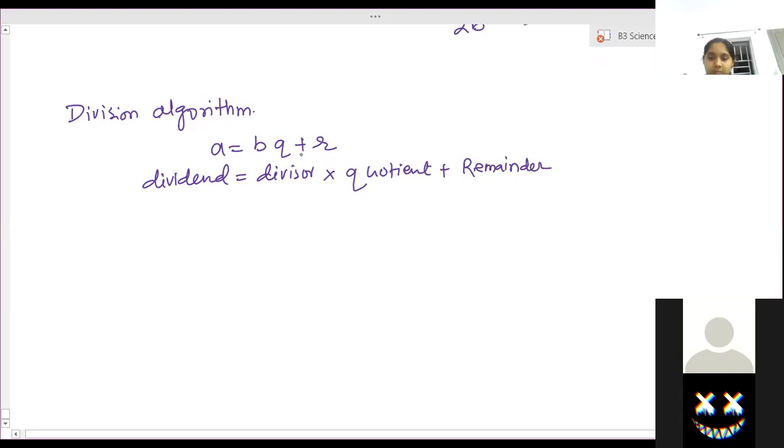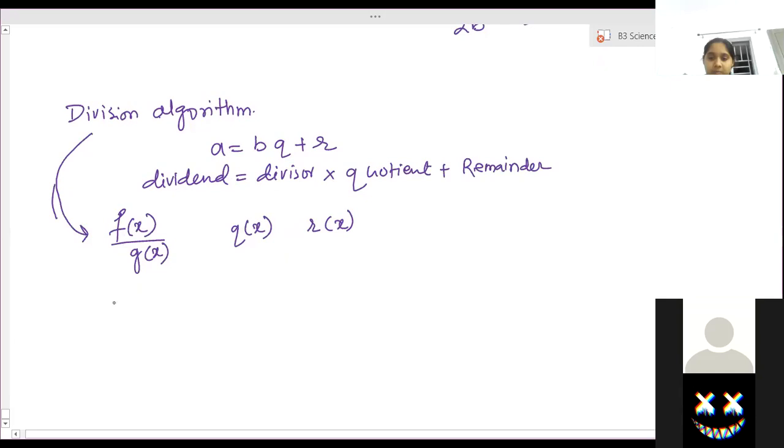The same thing you have done for numbers is applicable for polynomials as well. Suppose f(x) is a dividend polynomial, when divided by g(x), then q(x) is the quotient polynomial and r(x) is the remainder polynomial. Then all of them are connected together. That is called the division algorithm.